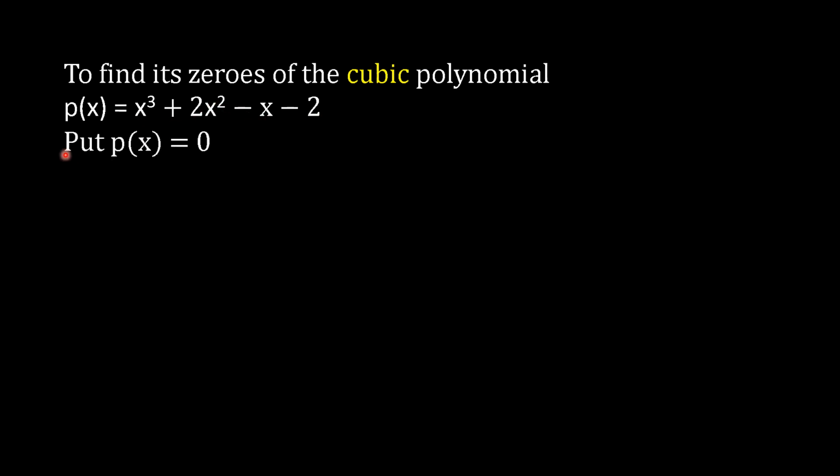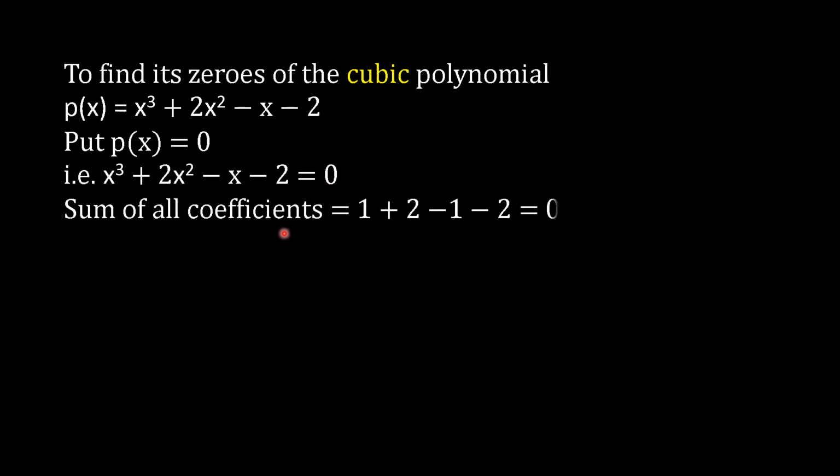To find the zeros of the cubic polynomial p(x) equals x cubed plus 2x squared minus x minus 2, we will put p(x) equals 0, that is x cubed plus 2x squared minus x minus 2 equals 0.